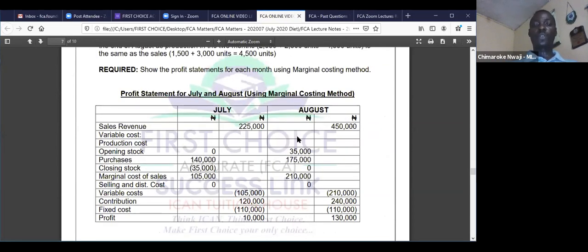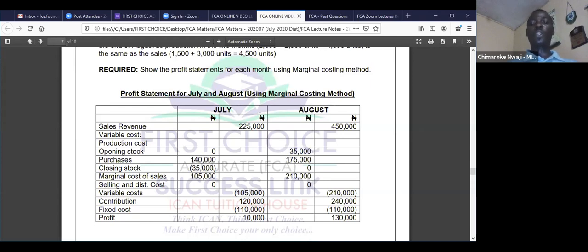Now we go to the variable cost, production cost. Our opening stock is the same as the closing stock of the last period. So the last period's closing stock moves to this place here as the opening stock.